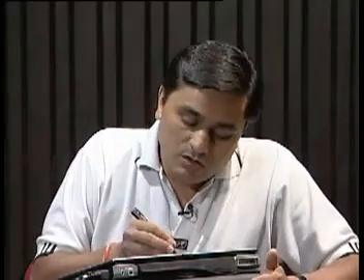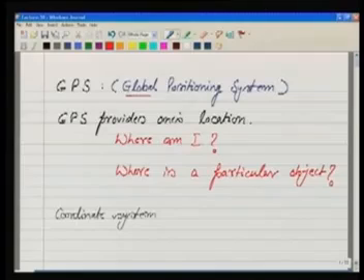Okay, GPS stands for Global Positioning System. Now if you look into this, what is the meaning of this term, the Global Positioning System? It means GPS can help us wherever we are over the globe to locate our position.